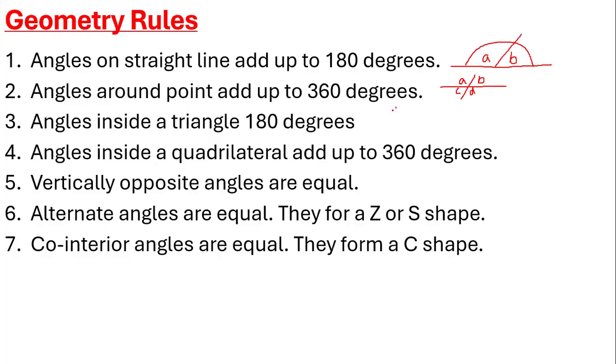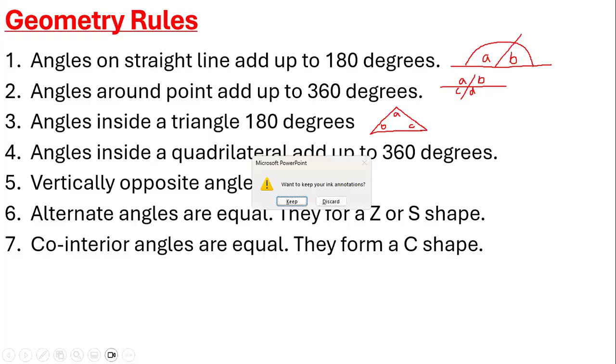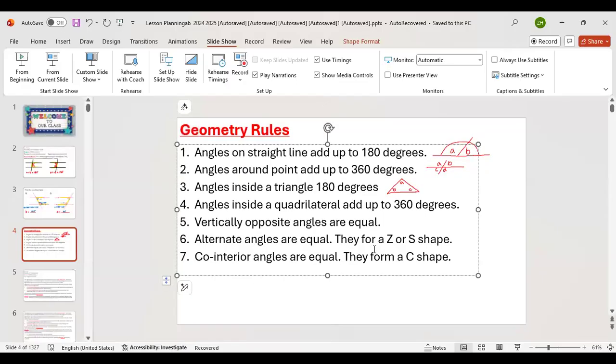Angles inside a triangle, A, B, C. Excuse me, Mr. Petit. For alternate angles, you put they form a Z or S shape. Oh, did I? Thank you. I was supposed to say they form.